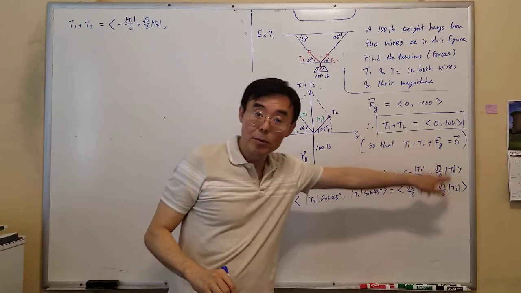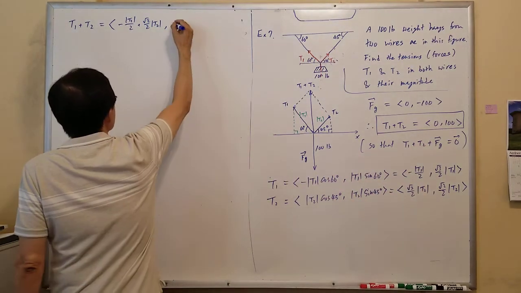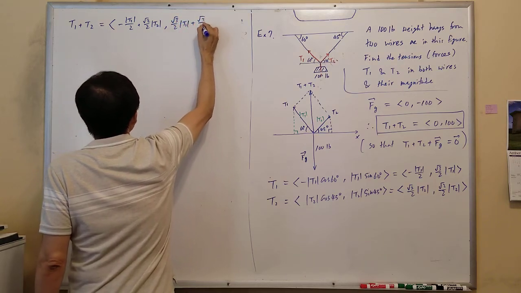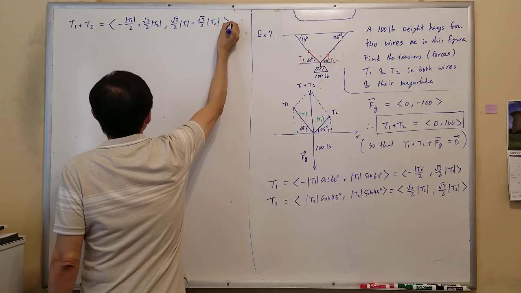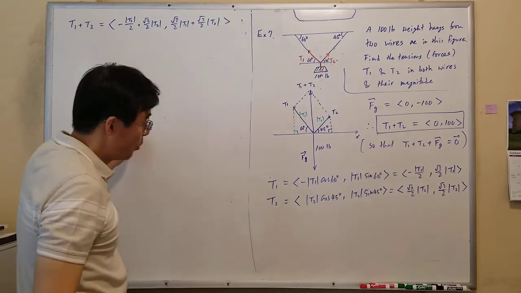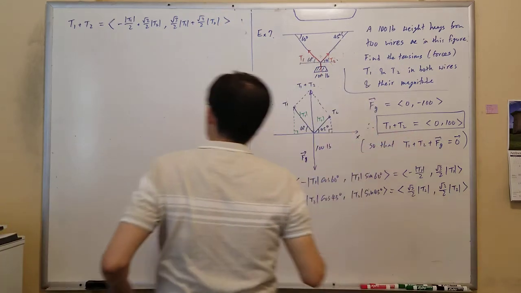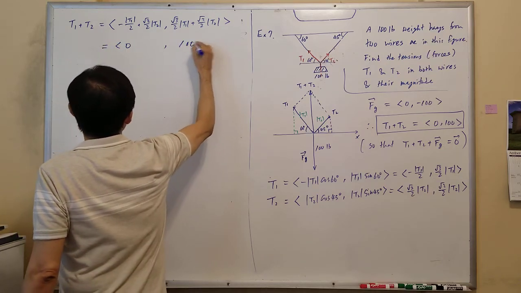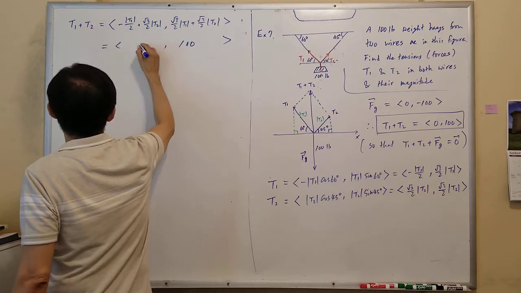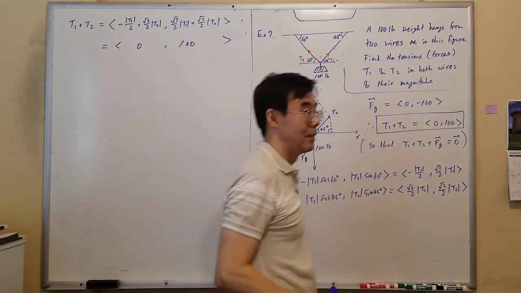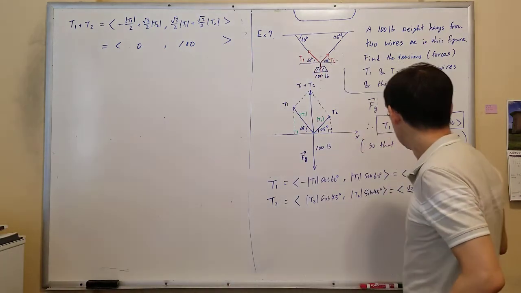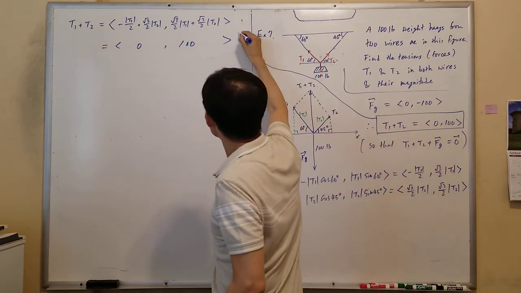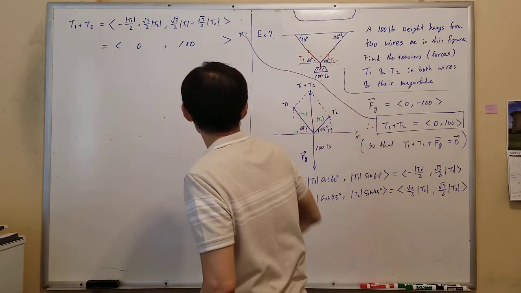And then the y component addition will give you square root of 3 over 2 T1 magnitude plus square root of 2 over 2 T2 magnitude. We know that this has to be 0, 100 force, right? That's why you get this, all right?